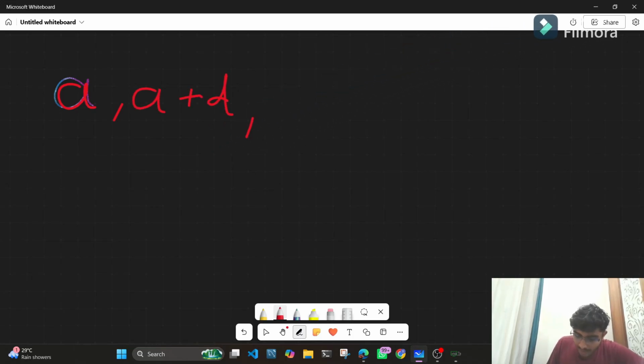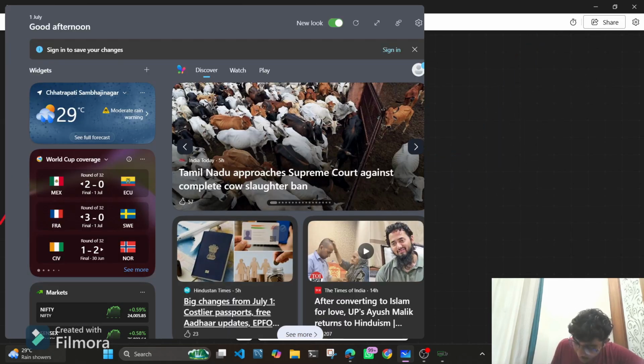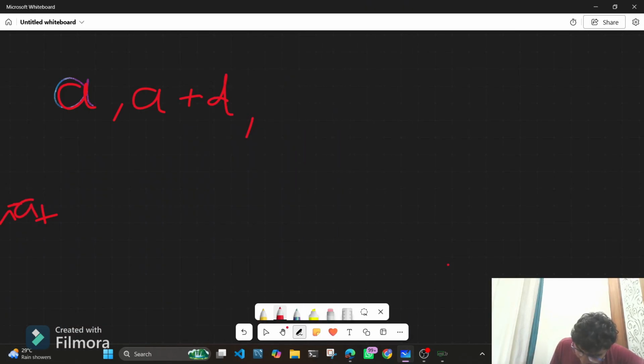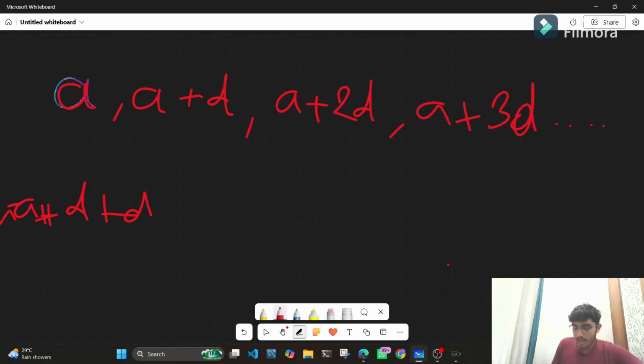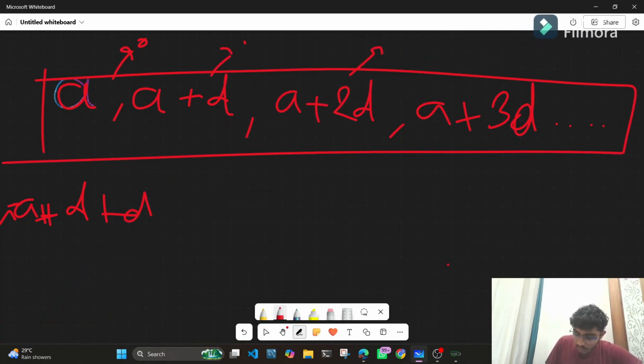Okay, cool. Now next up we need to again add the common difference. So we'll add d to a plus d, so we get a plus 2d. Similarly, we get a plus 3d and so on. So the coefficient of d increases linearly from 0, because here there was no common difference, 0, then 1, then 2, then 3, and so on.